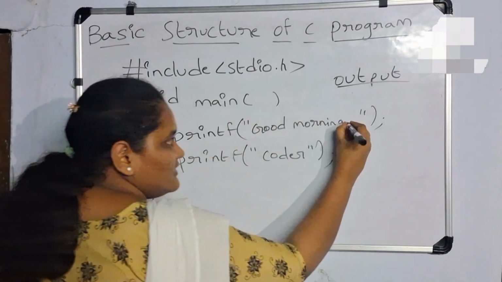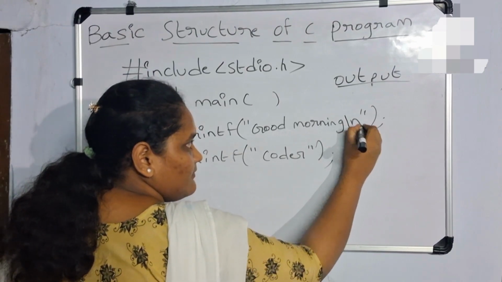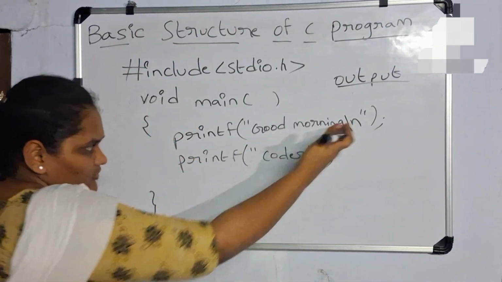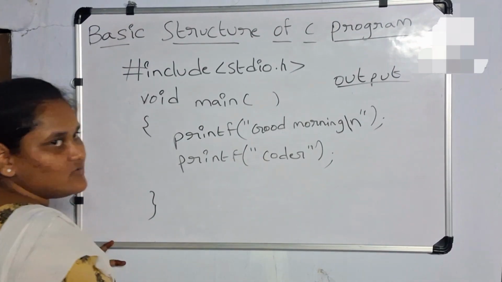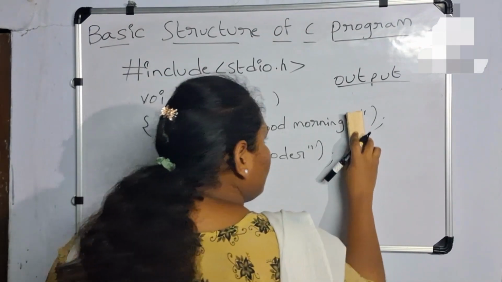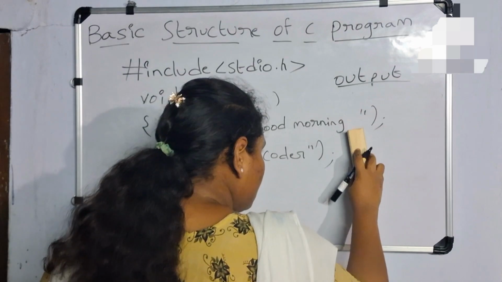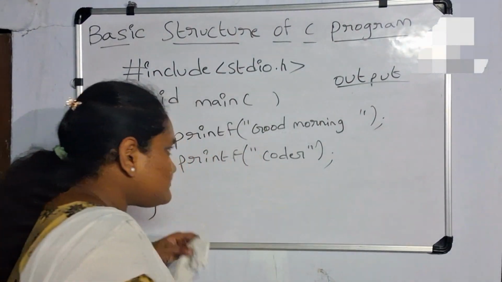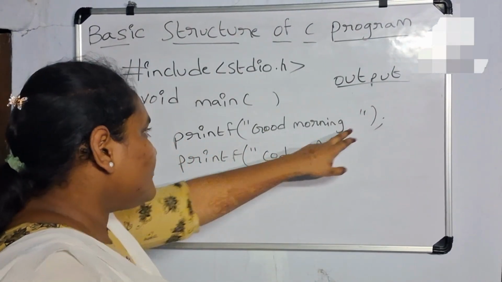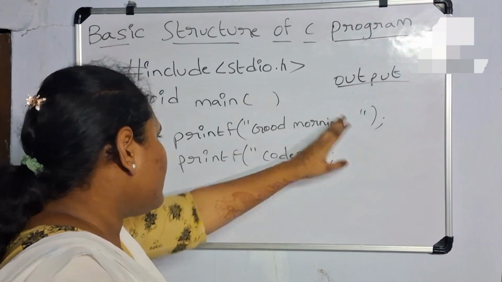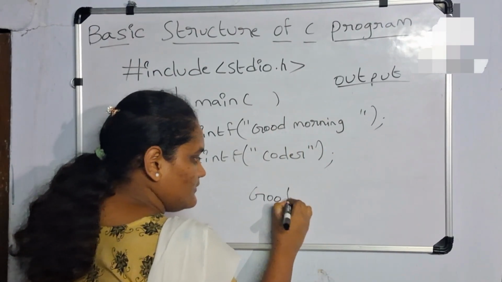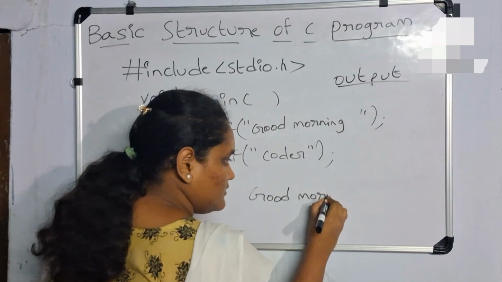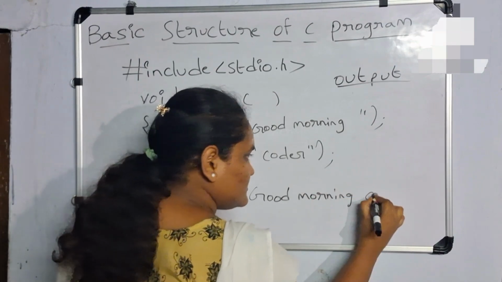So for a new line we'll put \n here, or if you put \n here, that is also fine. But if you didn't keep any \n here or here, you'll end up getting the output like this.